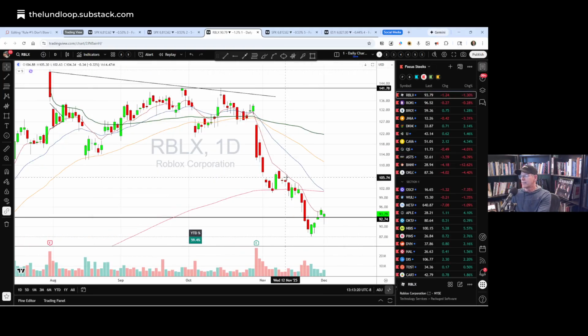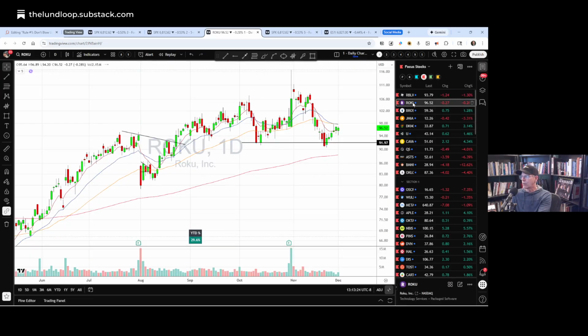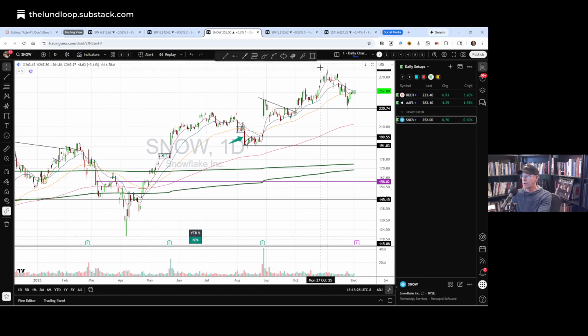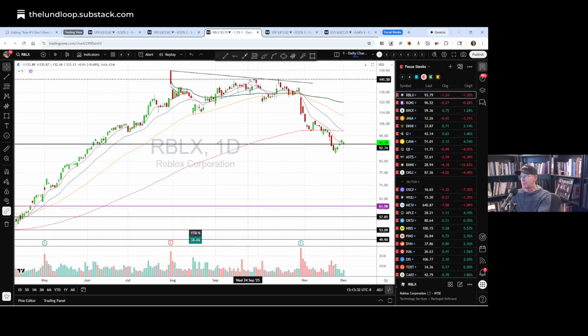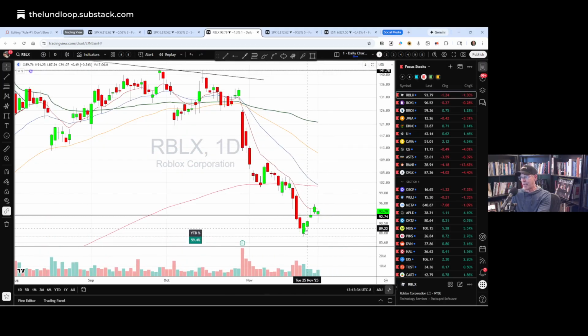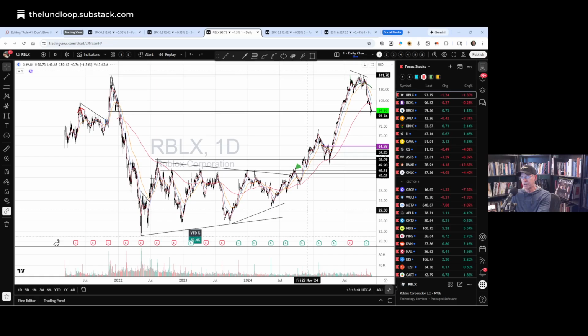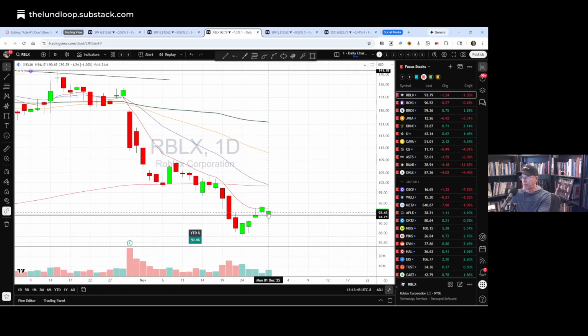Roblox. Similar scenario here, but not as strong, right? If we go back to Snow, it's not too far off all-time highs. If we go to Roblox, it just had this big pullback. This is more of a snapback trade. Here's where it initially pushed from. It pulled back to an old support level and printed a little hammer.